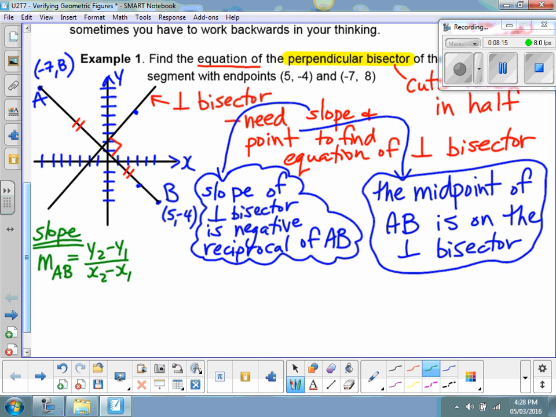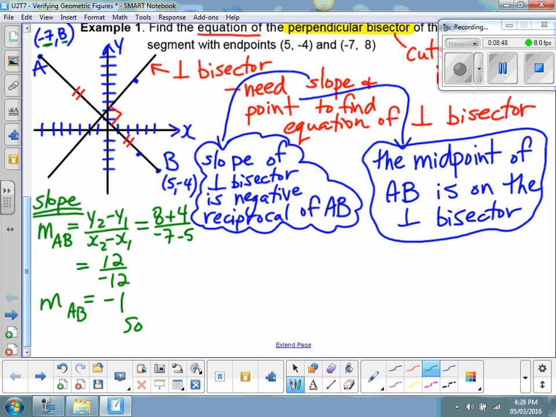In our case, I'm going to start with the 8, so 8 subtract negative 4, that's 8 plus 4, and then I start with the negative 7, so negative 7 minus 5. What I end up with for the slope of AB is 12 over negative 12, which is equal to negative 1. So the slope of AB is negative 1.